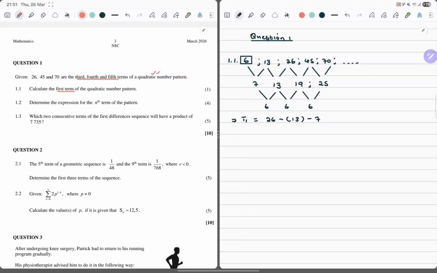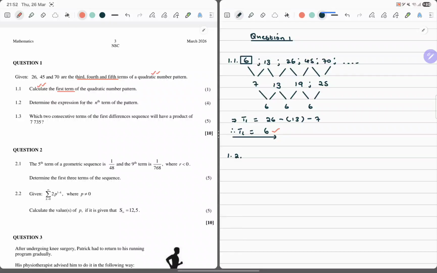And this gives us T1 to be essentially 6. Right. So we are good. Of course, I'm just prolonging the inevitable here. It's just for 1 mark. But I'm just trying to make sure that I adhere to the instruction that says calculate. So let's get to 1.2.